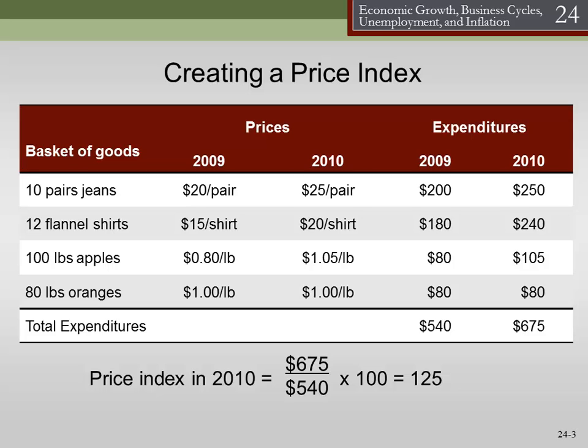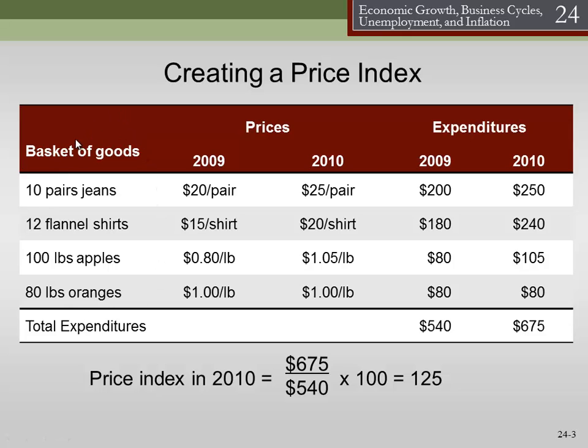We don't have a good econometric test, and econometrics is just statistics for economics, to determine whether or not a grouping of goods is the right grouping to put together, or if it makes any sense whatsoever to put them together. So, in any event, we've got this basket of goods. So for right now, we're just going to assume that we have the basket of goods set up right.